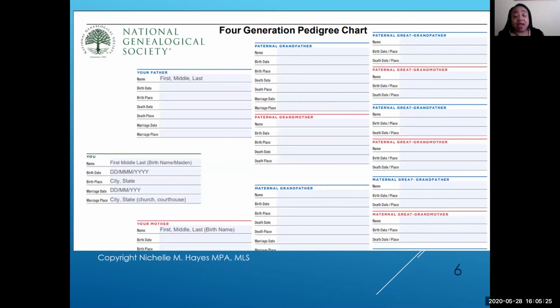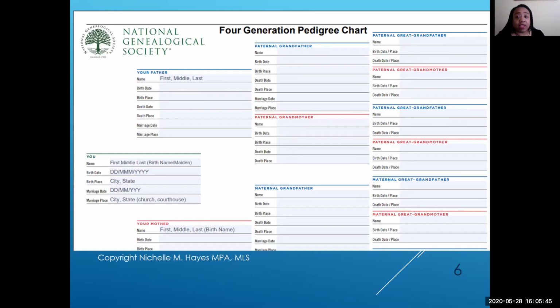So, as I mentioned before, doing a brain dump or writing down all the information that you have is important. And so what we have on the screen here is a 4-generation pedigree chart. So you would start with yourself, and so that's where it says you, and then you would want to put your first, middle, and last name.